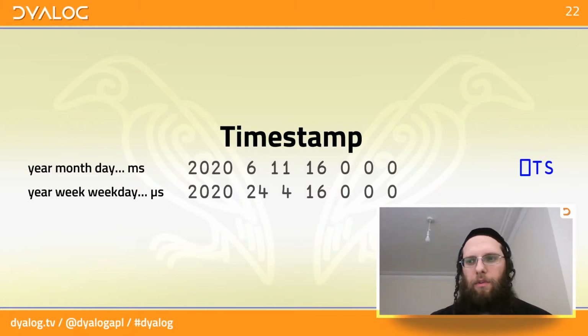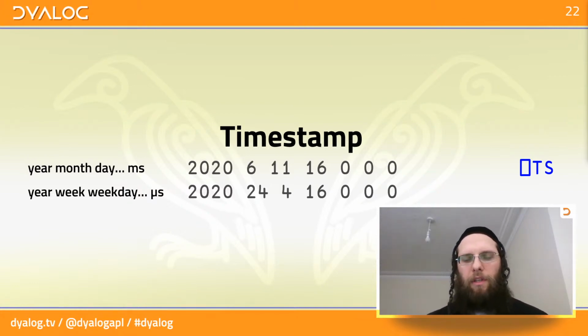A timestamp you know already. You have this in quad TS. TS stands for timestamp. So the deal with a timestamp is that you have a vector of numbers that together represent a moment in history. However, there are other potential timestamps.